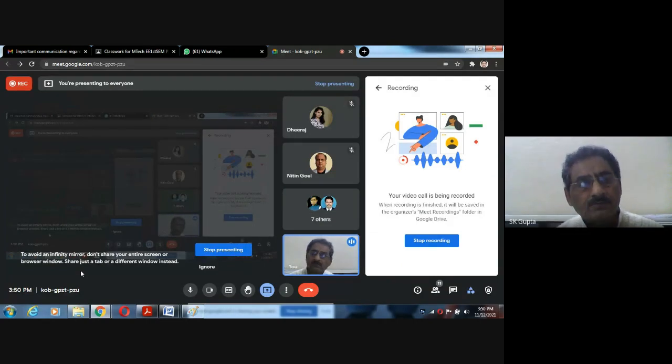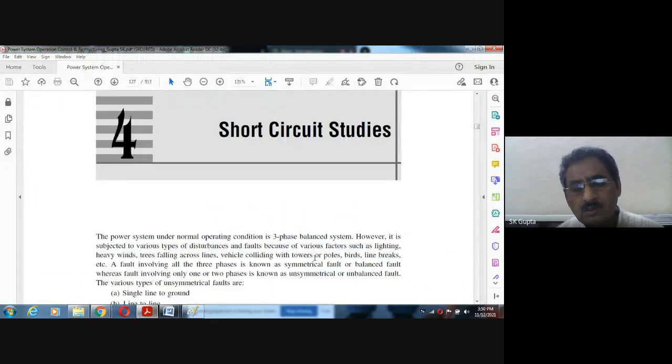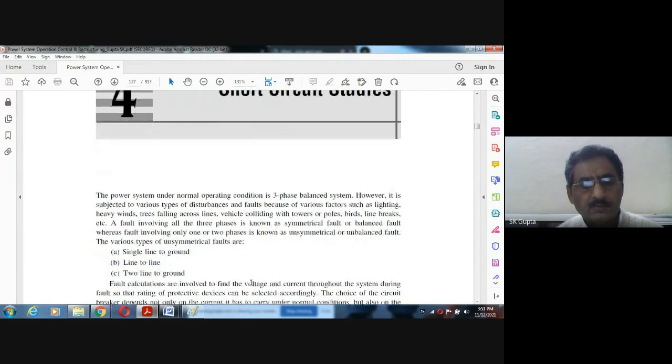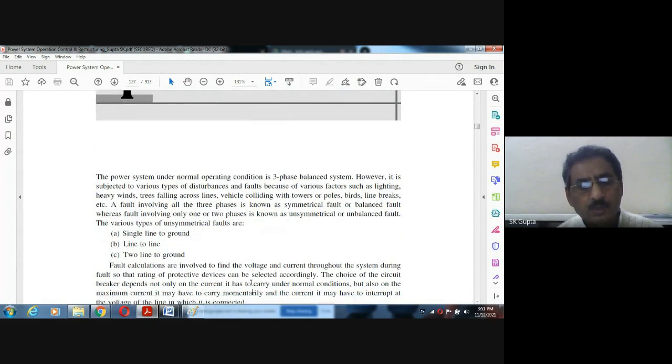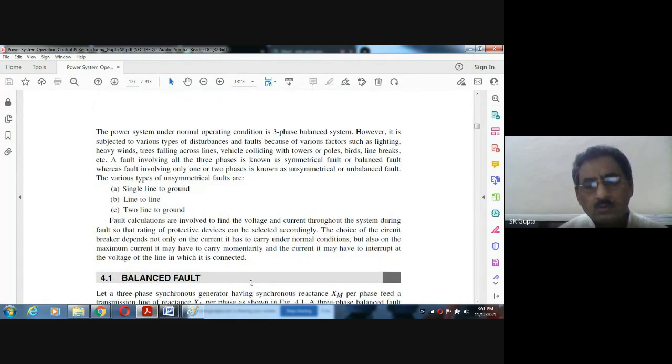So that type of fault analysis is done on the basis of the single line diagram, by drawing the single line diagram and calculating the fault in one phase. And whatever the fault current is in one, a similar magnitude of fault current will be there in the others. But when it is an unsymmetrical fault, line to line or two line to ground fault, then we need to calculate it in a separate way.